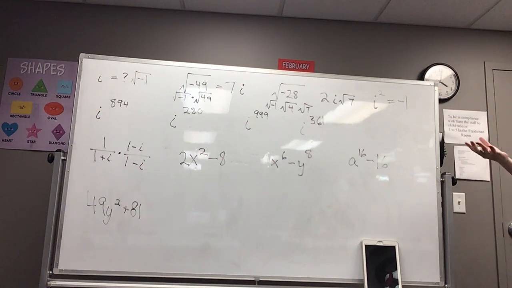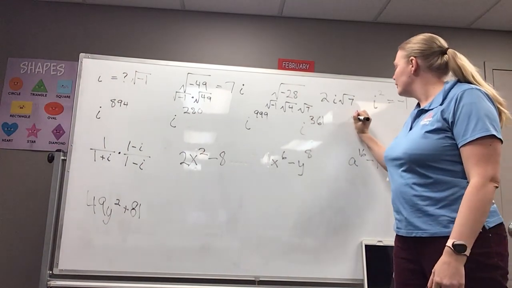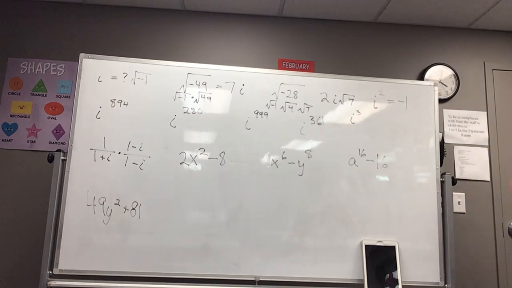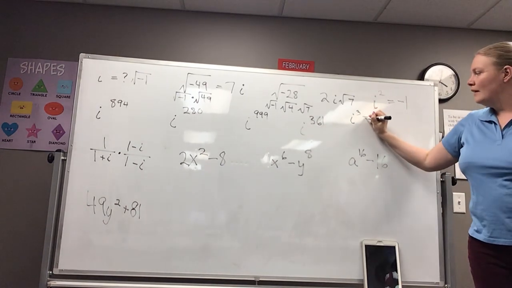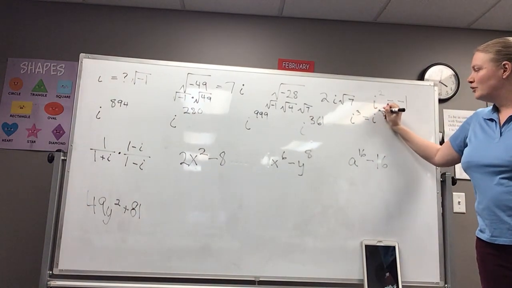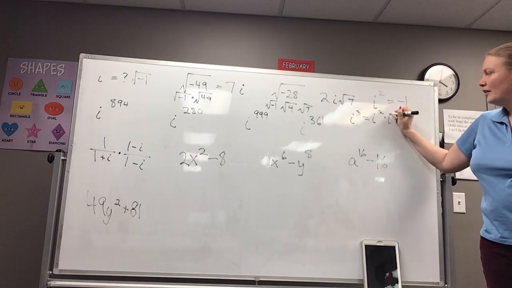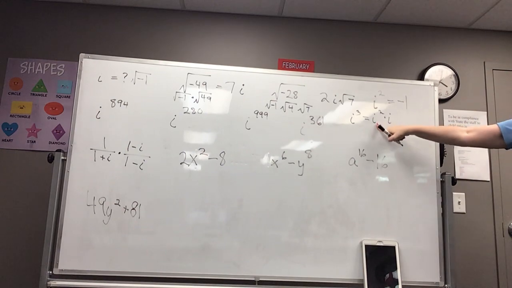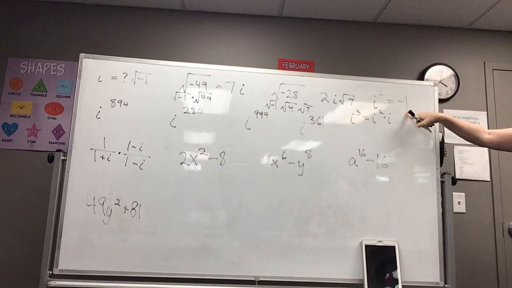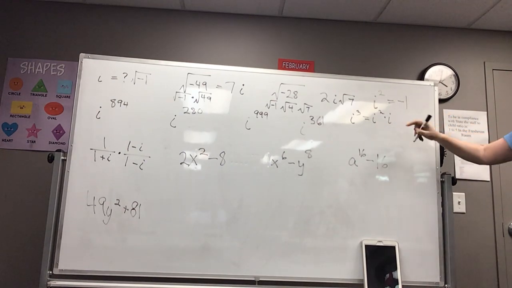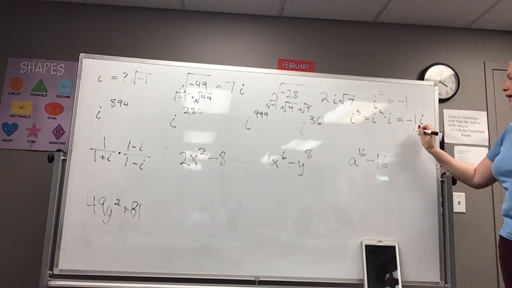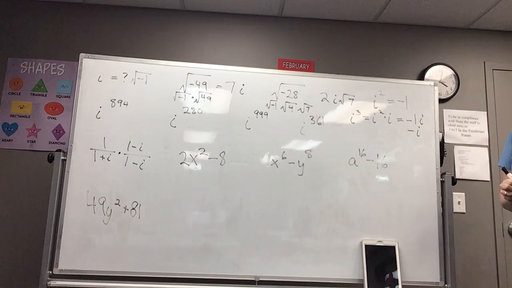Well, okay, what about i to the 3rd? That's going to be i squared times i, because there's 3 of them, right? i squared, we already talked about, was -1, and so this will equal -1 times i, or just -i.